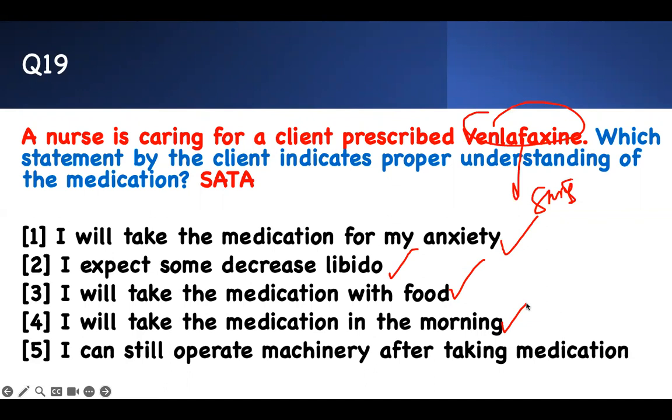It causes blurred vision and glaucoma. So it causes a problem, and because of that, you cannot do it. So this is wrong. So which indicates proper understanding? This is good, this is good, this is good, this is good. Because it's dizziness and blurred vision, so you can do that.